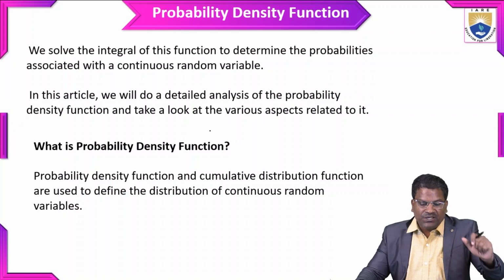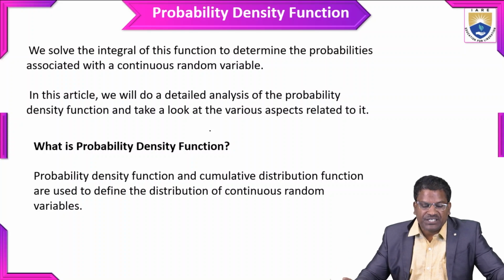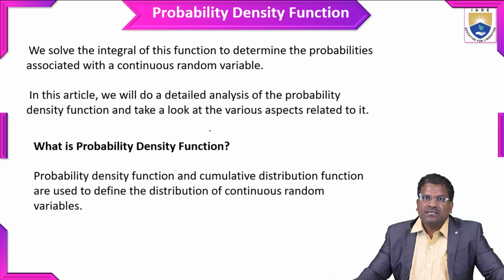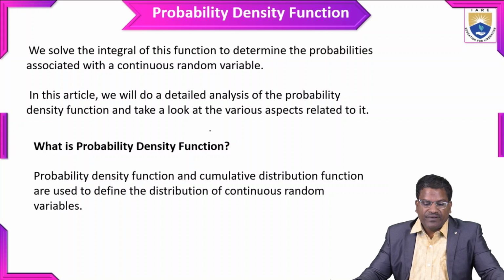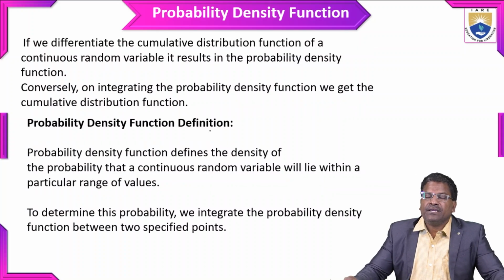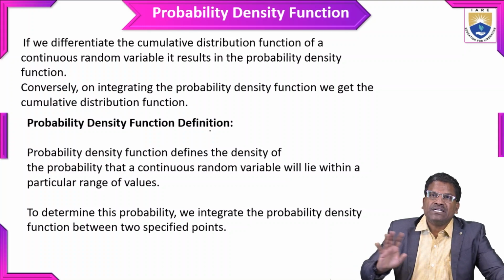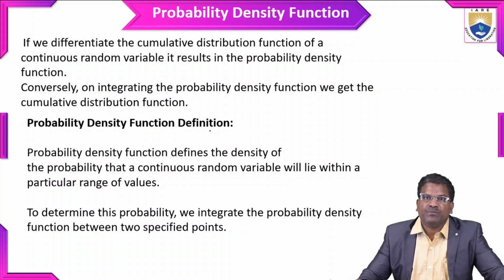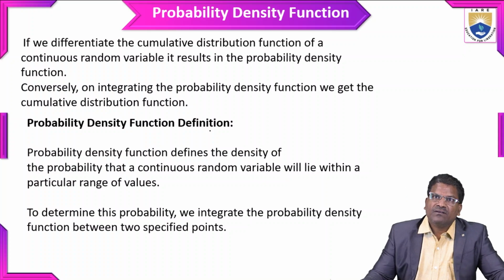The probability density function and cumulative distribution function are used to define the distribution of continuous random variables. Now let us see, if we differentiate the cumulative distribution function of a continuous random variable, it results in the probability density function. Why?